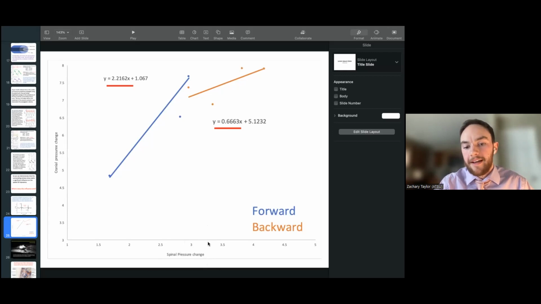But whenever we pushed the alligator forward, it had 2.21 units per cranial. So therefore, 1 unit of spinal equals 2.2 units of cranial pressure. So whenever we push the alligator forward, it actually causes more fluid to go in to the spinal cord.